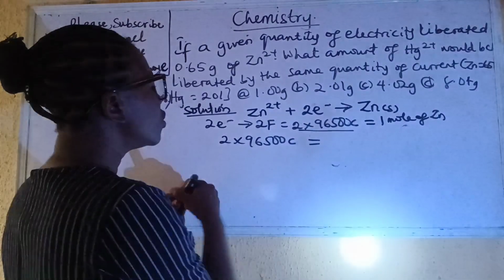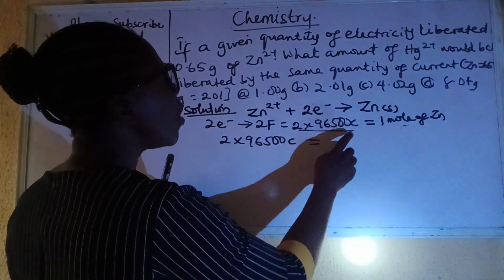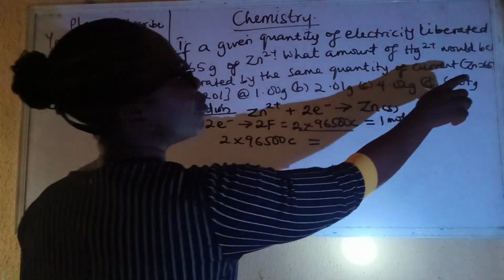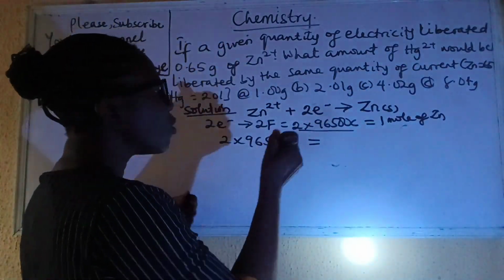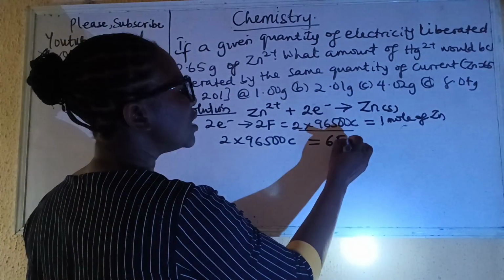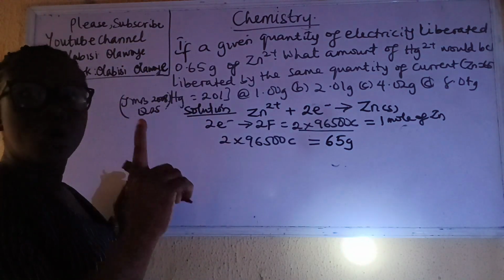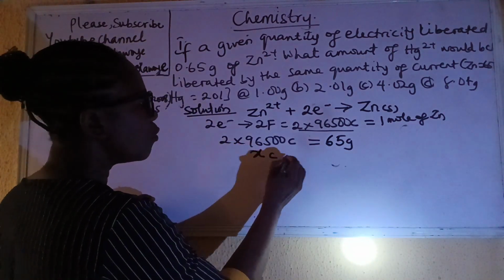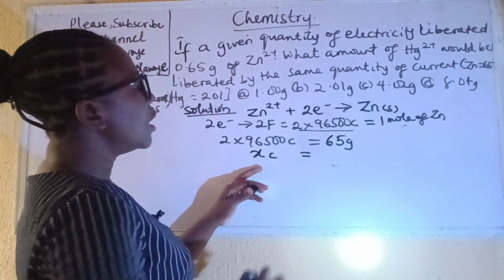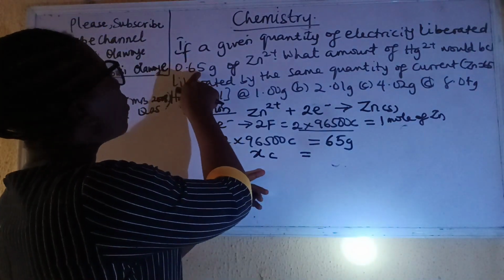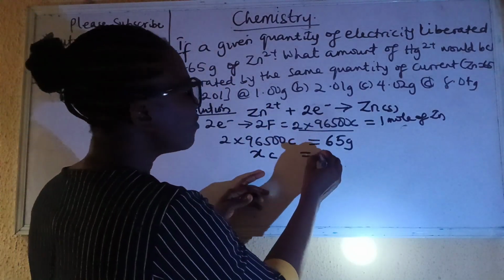So these 2 Faradays liberate 1 mole of zinc, which is equivalent to 65 grams, that's the atomic mass, since 1 mole of an element is its atomic mass. Now, what quantity, which is in coulombs, X coulombs, I love using X to represent the unknown, will be required to discharge 0.65 gram?